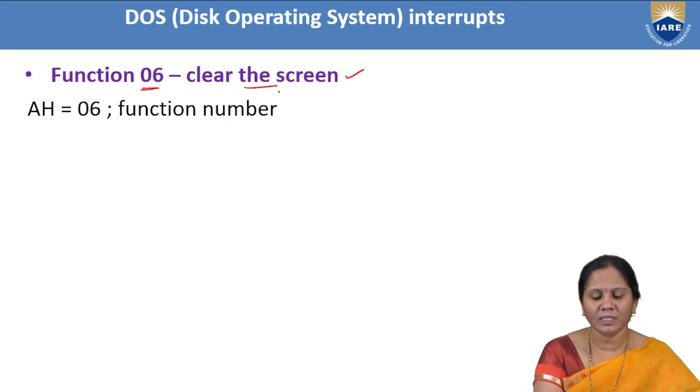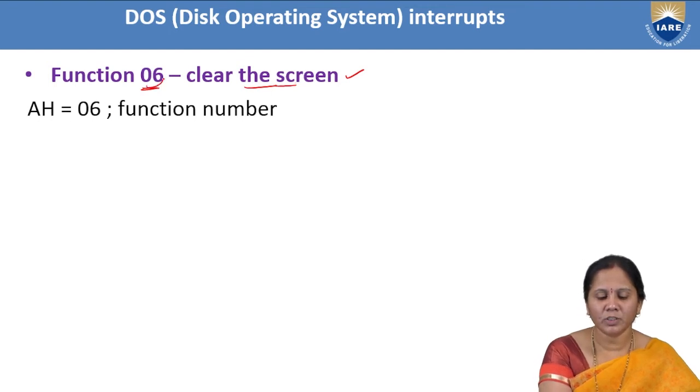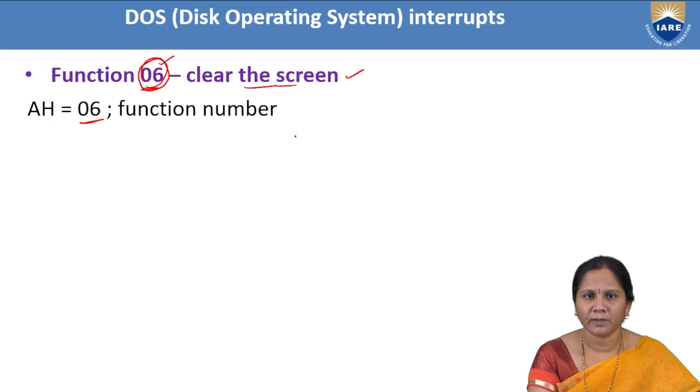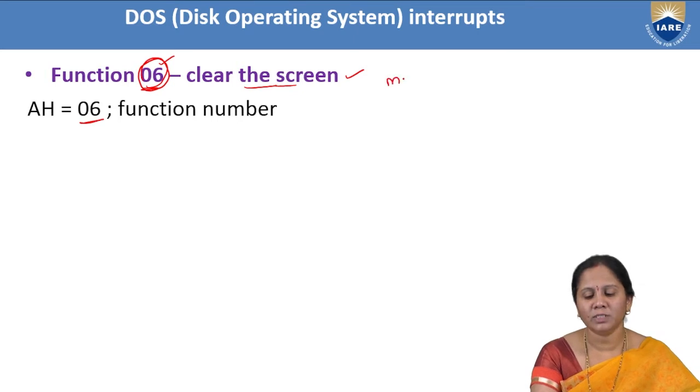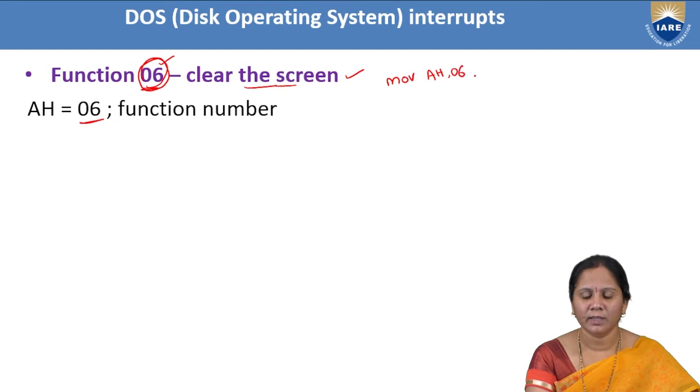To perform the clear screen operation, we have to load function 06 into the AH register. So AH should be loaded with 06, which means we write MOV AH, 06.